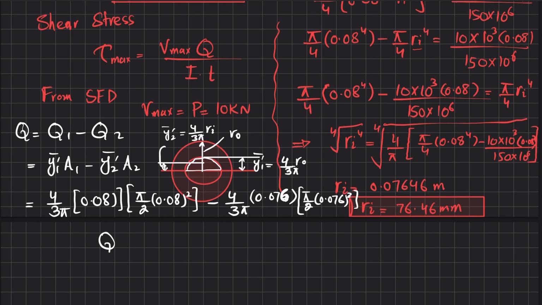When you solve this, you will get Q max, and that Q max will be equal to 48.682 into 10 raised to the power minus 6 cubic meter.